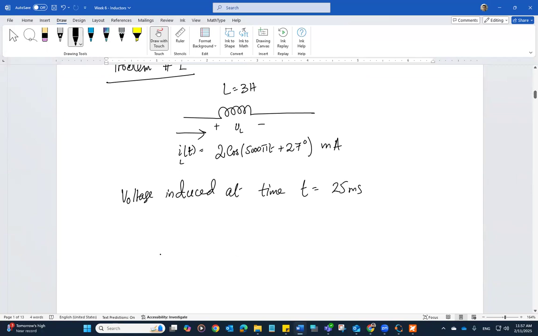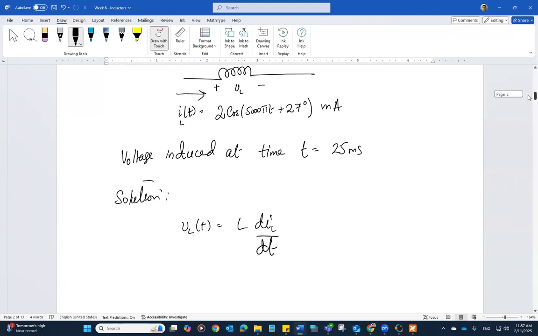So we are going to use the voltage and current relationship of the inductor. We know that the voltage across the inductor is related to the current using the derivative of the current. And we're going to go ahead and take the derivative of the equation of current that is given to us. I'm going to bring this 2 outside, so I'm going to make this 2L cosine(5000 pi t plus 27 degrees), and that is in milliampere.